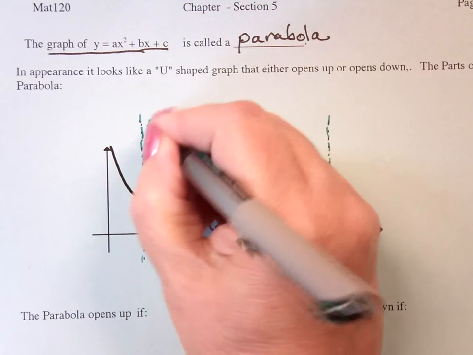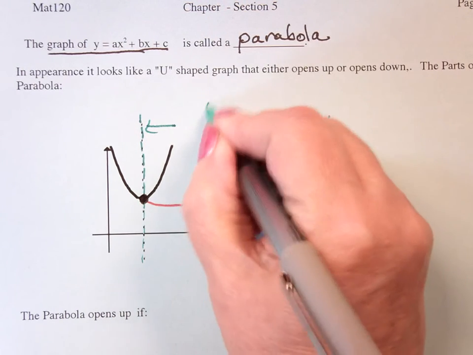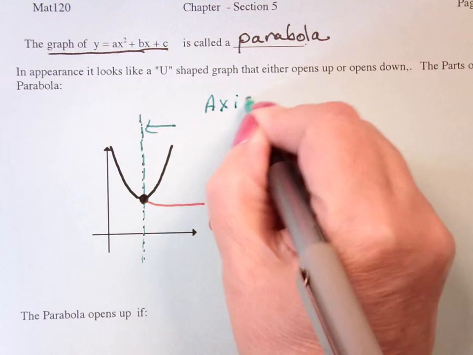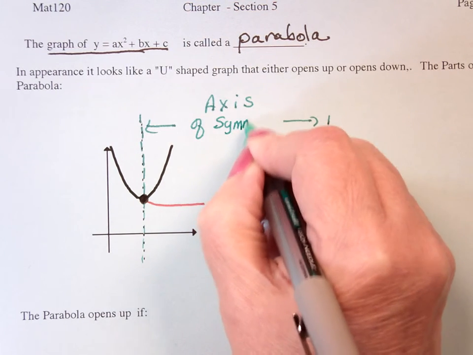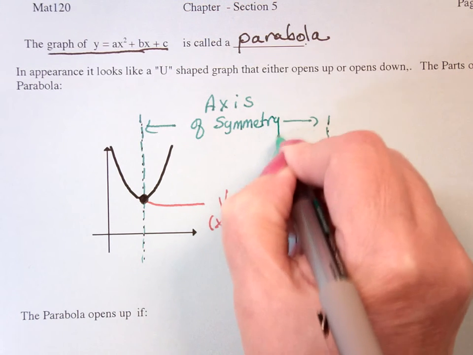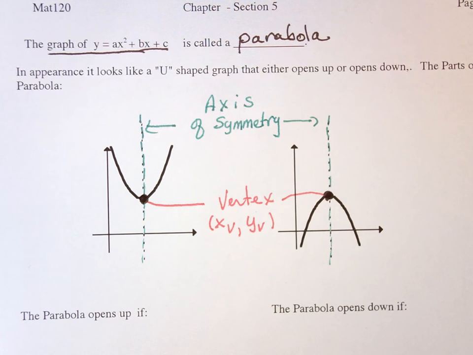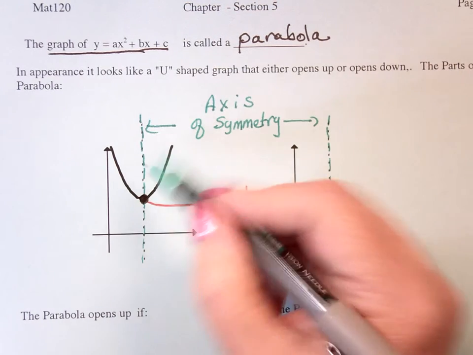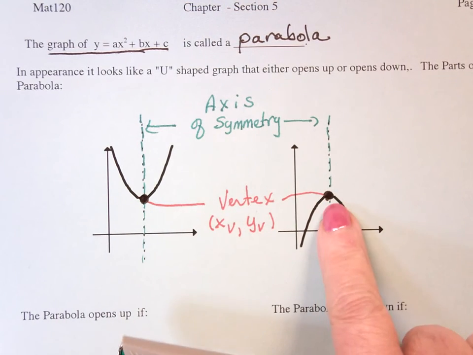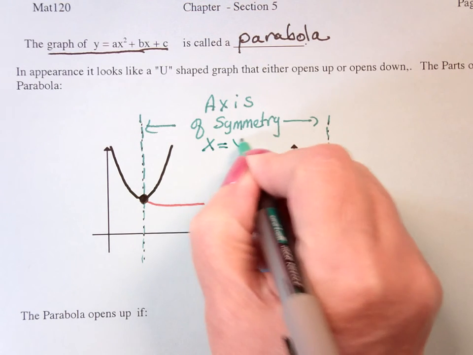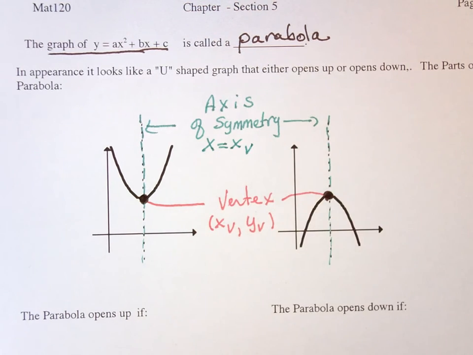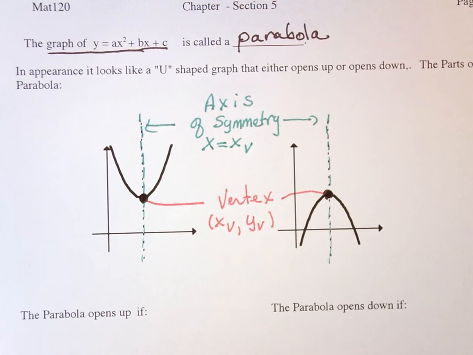And this line is called the axis of symmetry. And it's an x value. Since it goes down through the vertex, it's x equal the x coordinate of the vertex. Because the vertex is in the middle of the parabola, the axis of symmetry goes down through the vertex.